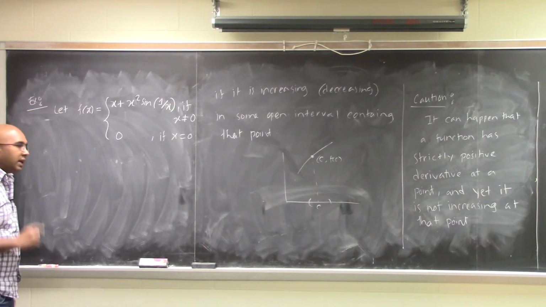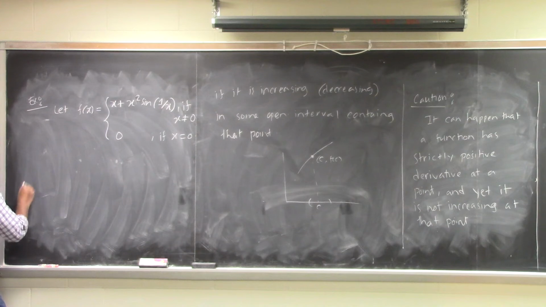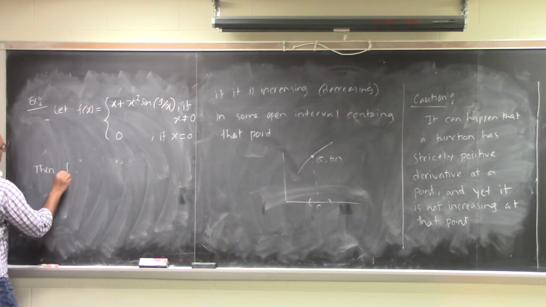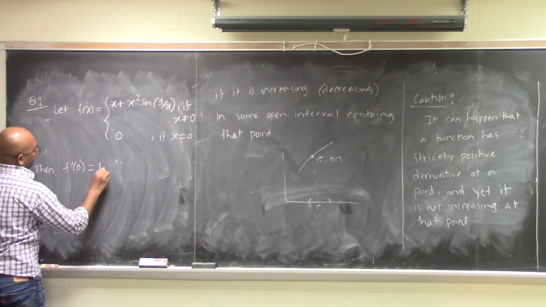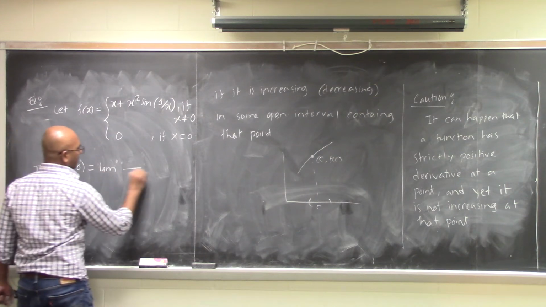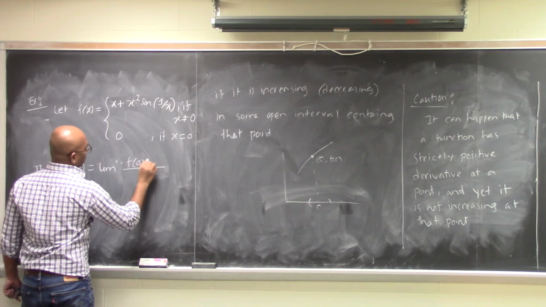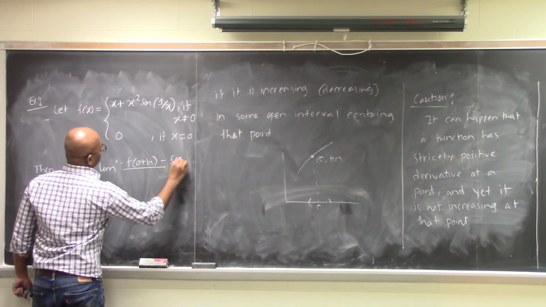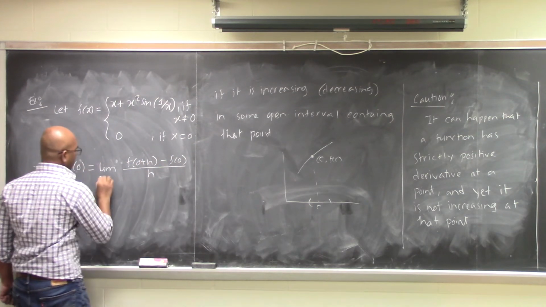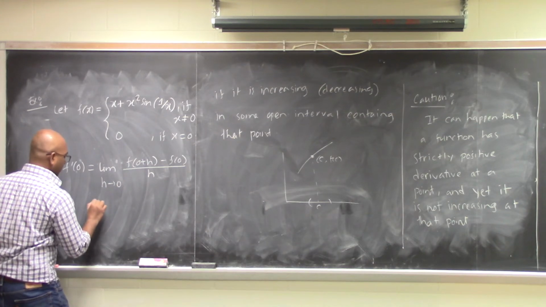Then what is f prime of 0? This is from the limit definition of derivative, the limit of the difference quotient, limit of f of 0 plus h minus f of 0 over h as h approaches 0.